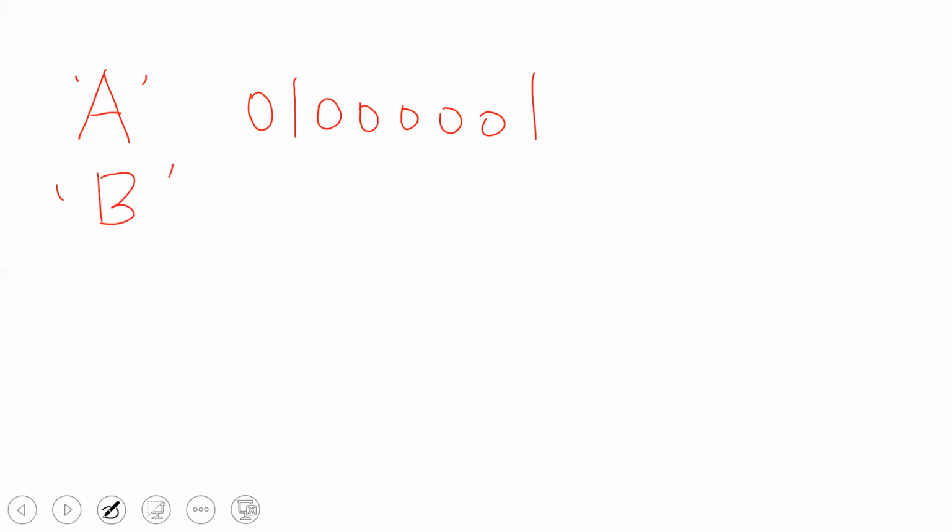So how is A represented in the computer? A is represented like this. Do you have to remember this? No, you don't have to, but I'm just showing you so that you understand. A is represented like this in the computer as 8 bits, and B is something like this.